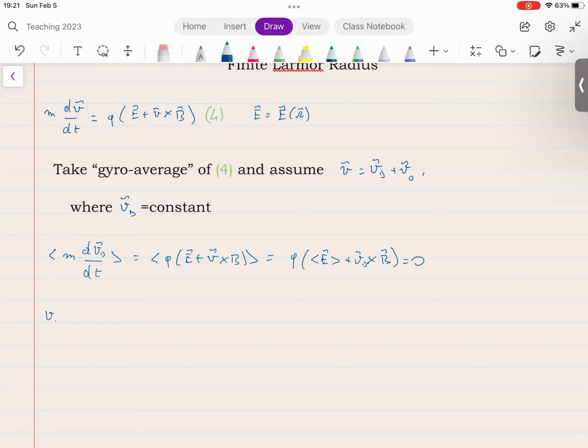Then this is trivial at this point. We know how to do this. v drift is the average of E cross B divided by B squared. Great, but what is the average of E?